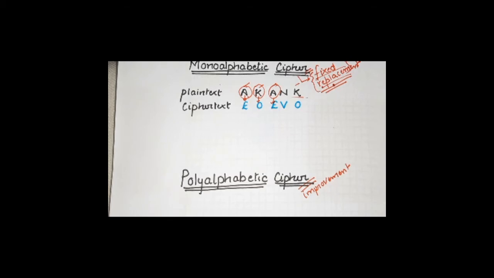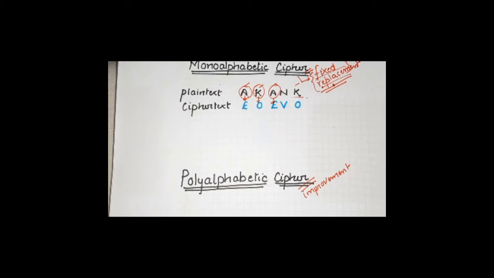Now, the idea is to use different monoalphabetic substitutions as one proceeds throughout the plain text. This approach is called polyalphabetic cipher because it does not use the fixed replacement structure. One of the main problems associated with the monoalphabetic technique was that it was very vulnerable to frequency analysis.